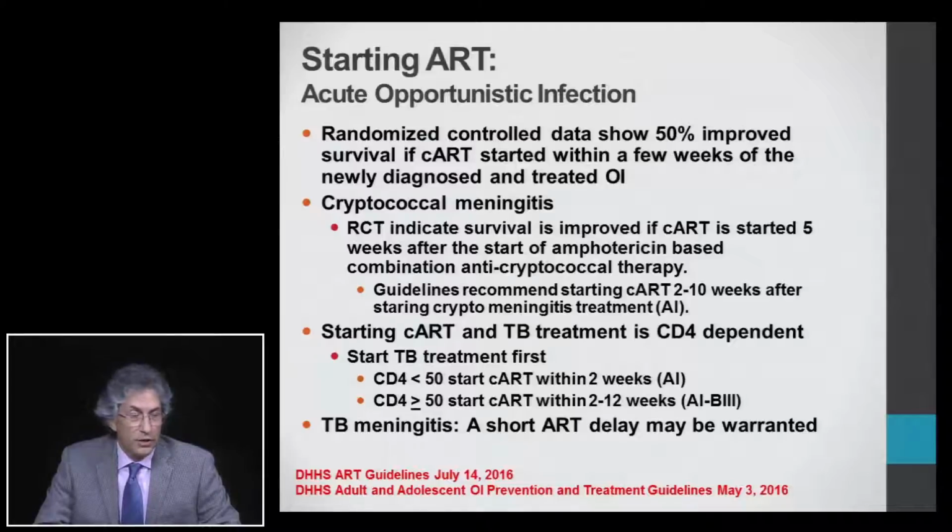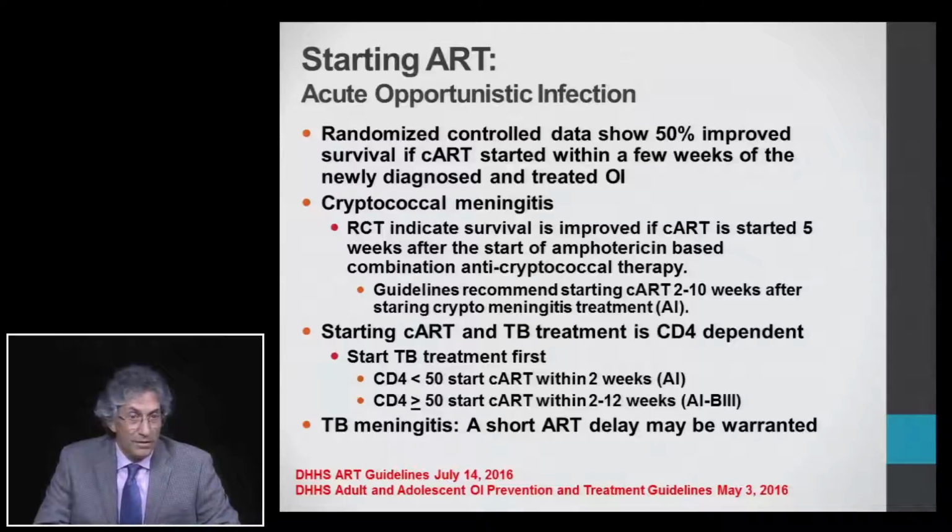There are a couple of situations where early antiretroviral therapy in acute opportunistic infection can be dangerous. One of them is cryptococcal meningitis, where too early treatment can increase the death rate, and TB, especially TB meningitis, where too early antiretroviral therapy may increase the death rate.